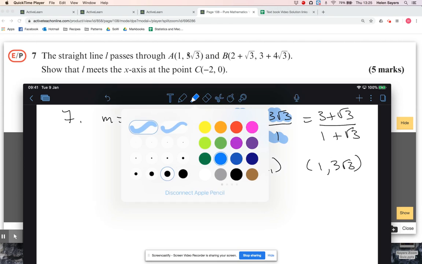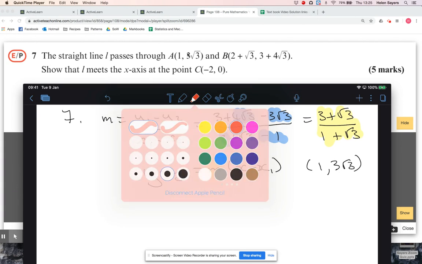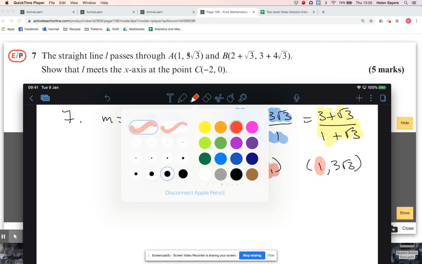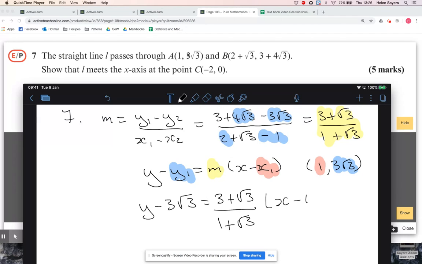So I've got my gradient there. I've got my x coordinate there. I've got my y coordinate there. So y minus my y coordinate is my gradient times x minus my x coordinate.